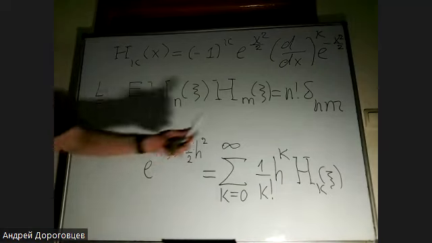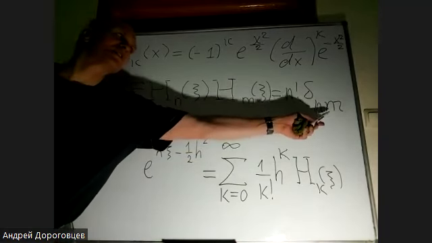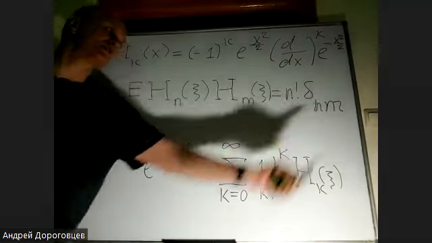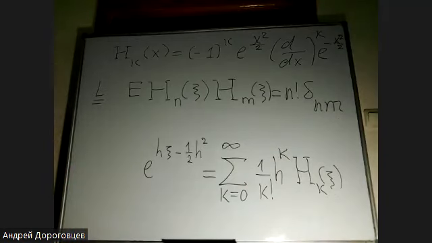So it is equal to 1 if n equals m, and 0 in the opposite case. We have such a relation, and let us check it.